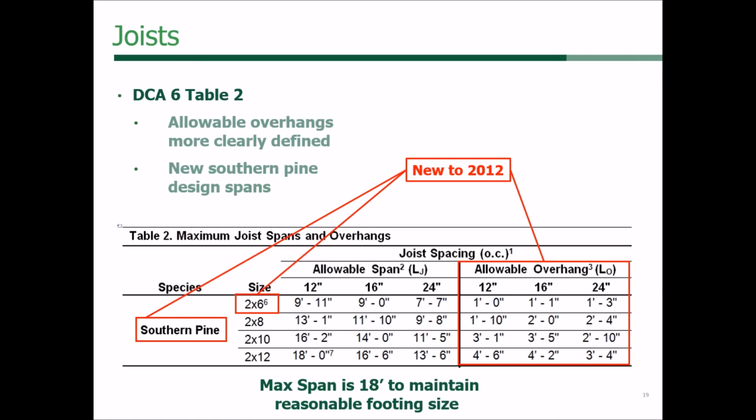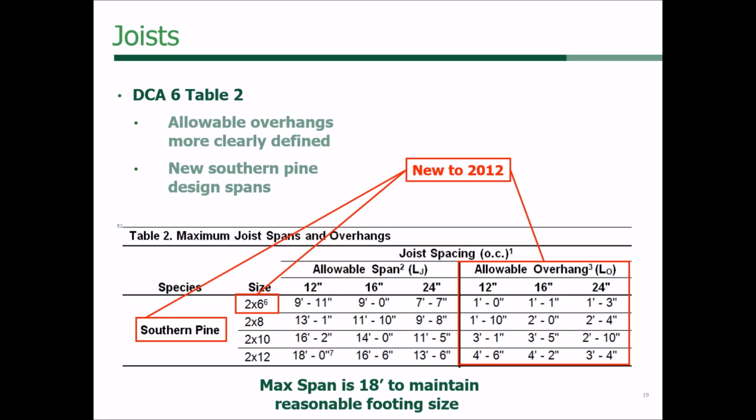Okay, so now this is an example of the joist table in DCA6. Now there's 3 aspects that were new to the 2012. First is that southern pine. If those are familiar, the southern pine design values recently changed. If you're not aware of that, you really need to go to our website and check it out, and it talks about that.